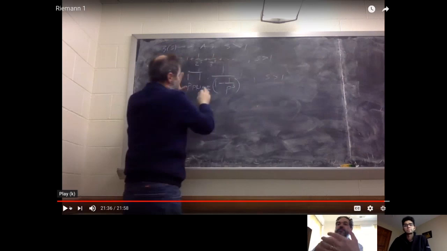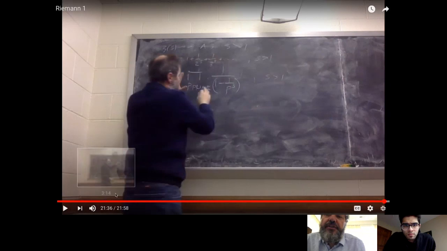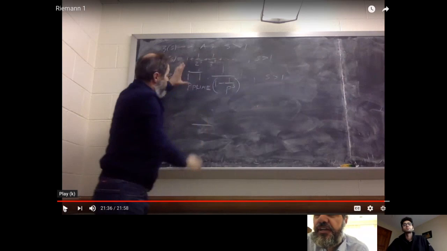But when you take a logarithm of 1 over something, that's exactly minus log of that something. So that's exactly what we had in our sum. It's minus log of the denominator.